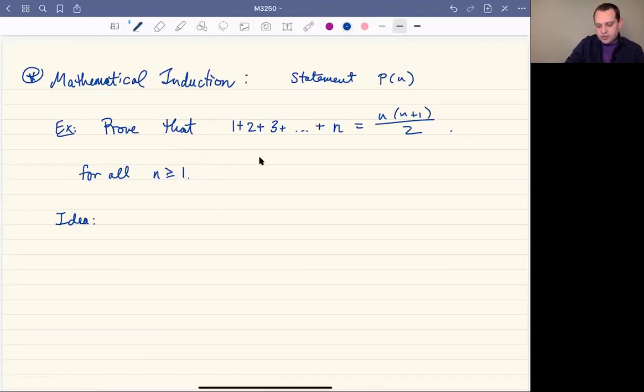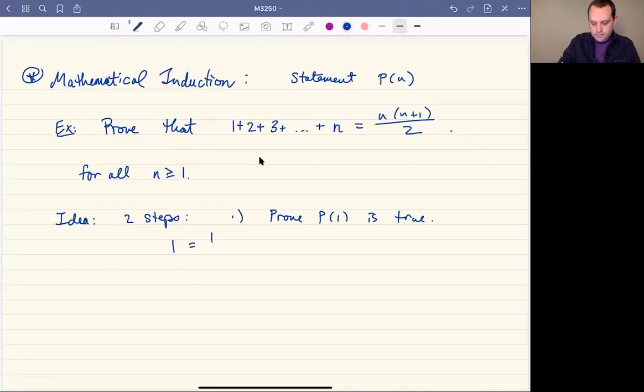First, there's going to be two steps. So first, we're going to prove that P of 1 is true. In other words, prove that the statement is true when n is equal to 1, and that's trivial. If I add up the first one integer, I get 1. That's the left side, not very exciting. On the right side, on the other hand, if I plug in n equals 1, what do we get?